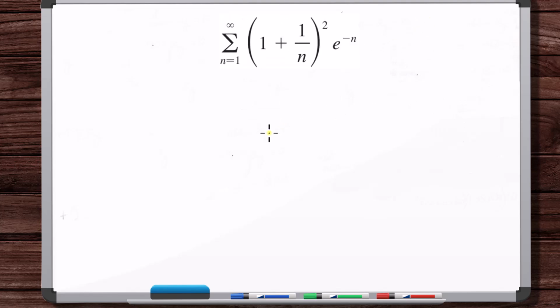Okay. So I don't see. Okay, if we took off this 1 here, what would happen? We'd have 1 over n squared over e to the n, which is 1 over e to the n squared e to the n.